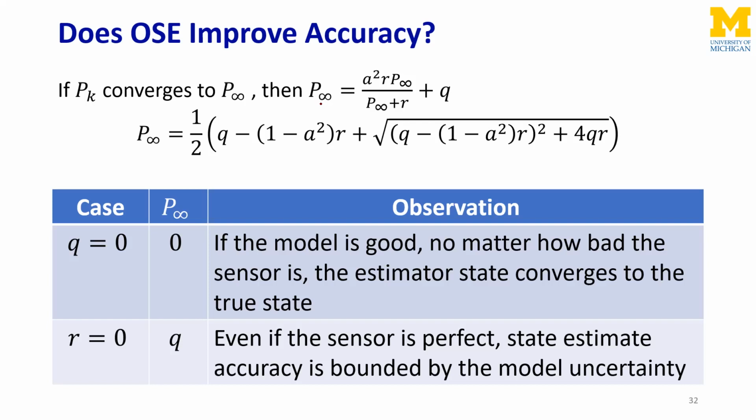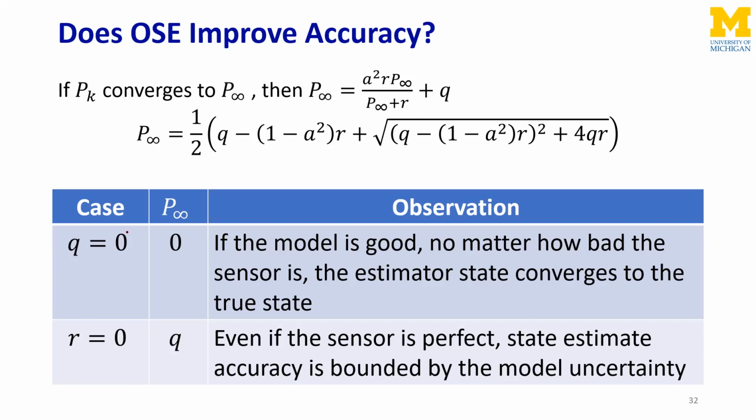We throw out the negative solution because PK by definition is positive definite. P infinity is given by this big expression. Maybe we'll have this in the homework problem, where you have to derive this from this quadratic. That'll be easy. Anyways, let's look at some special cases.